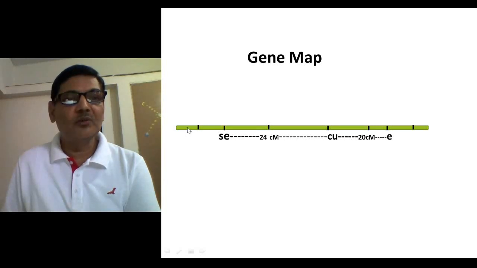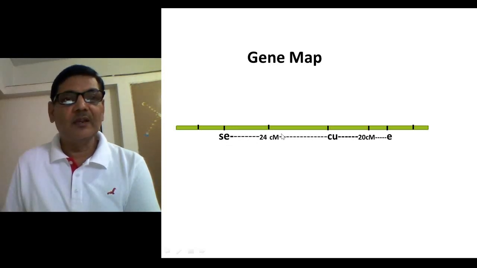Now you can map these three genes, SC, CU and E. See, this is a chromosome. We know that these genes are located on the third chromosome, that I will show you just now. In Drosophila, there is a third chromosome, an autosome, and so many genes are located on this chromosome. Out of them, we have considered just three genes: a gene which causes sepia eye color, curled wing, and ebony body color.